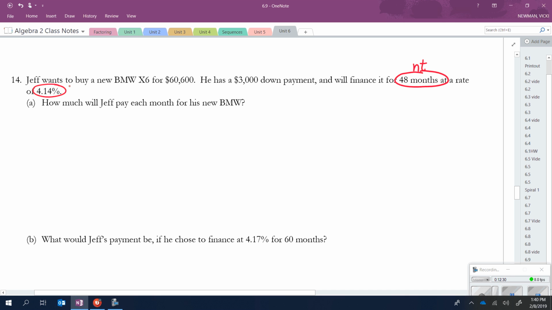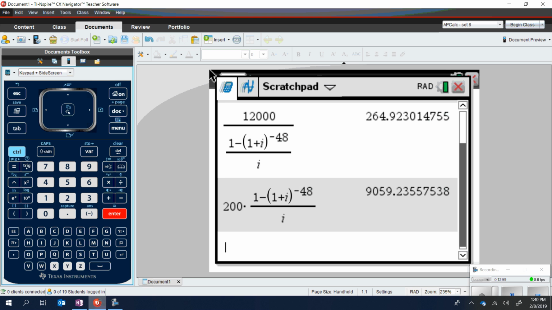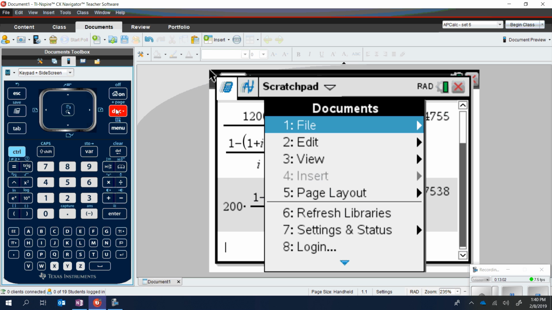So R is 0.0414. So over here, I'm going to write down what I is, and then I'm going to store it. I is 0.0414 divided by, we're doing a monthly situation each month, so divided by 12. Store that in your calculator. So easiest way is to doc B, clear it out.